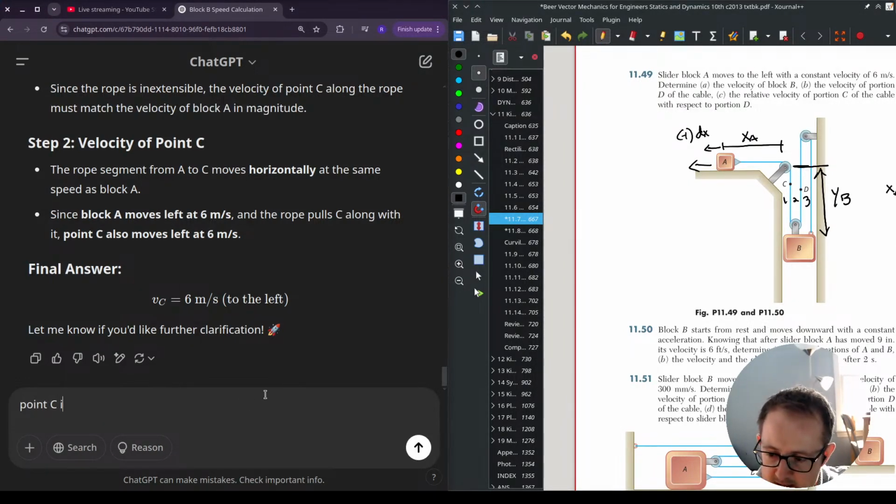Point C is on a vertical section of the chord. What is its speed now?